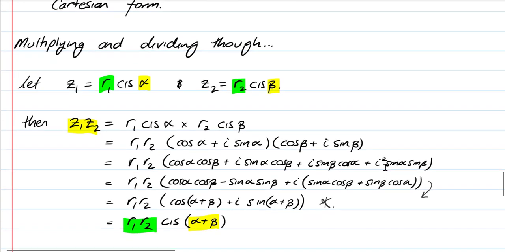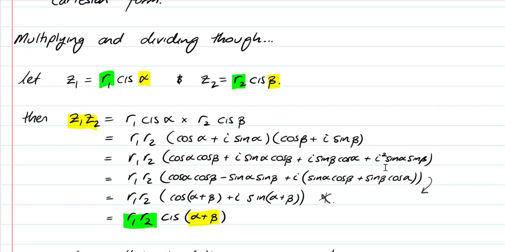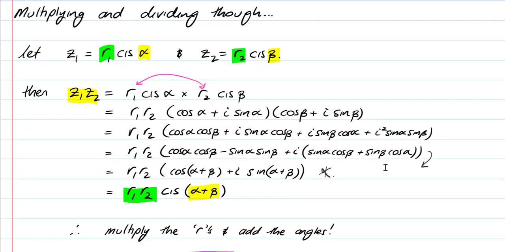And the rule is that Z1 is equal to this, Z2 is equal to that. Then Z1 Z2 is equal to, we multiply those two things together. But all we need to do is multiply our modulus values, and that is natural, you can see that. But then if we expand our cis alpha and cis beta, we get those two brackets there, and those two brackets expanded give us this real component and this imaginary component.